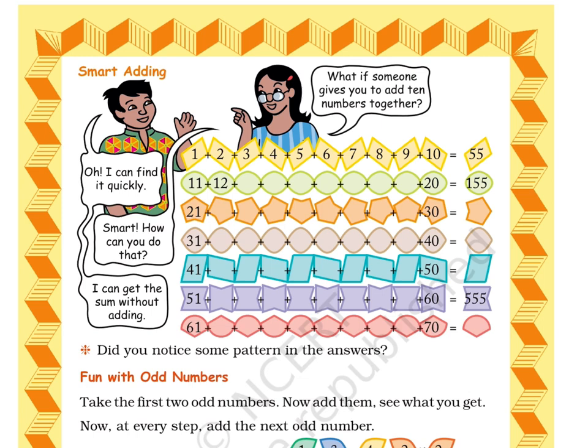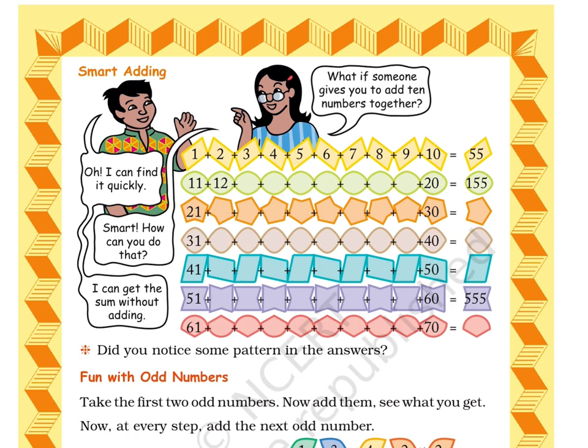We see the picture of a pattern in different rows, the numbers all getting added up. The first row says 1 plus 2 plus 3 plus 4 plus 5 plus 6 plus 7 plus 8 plus 9 plus 10 is equal to 55.